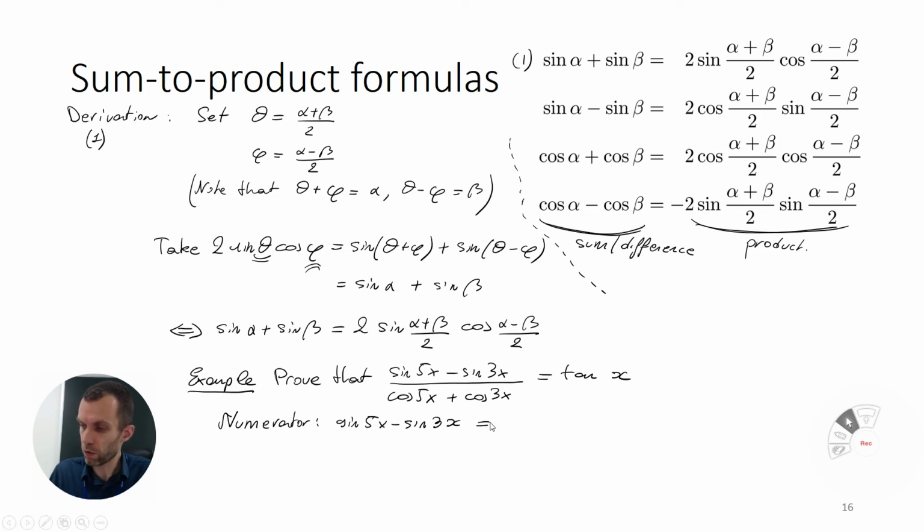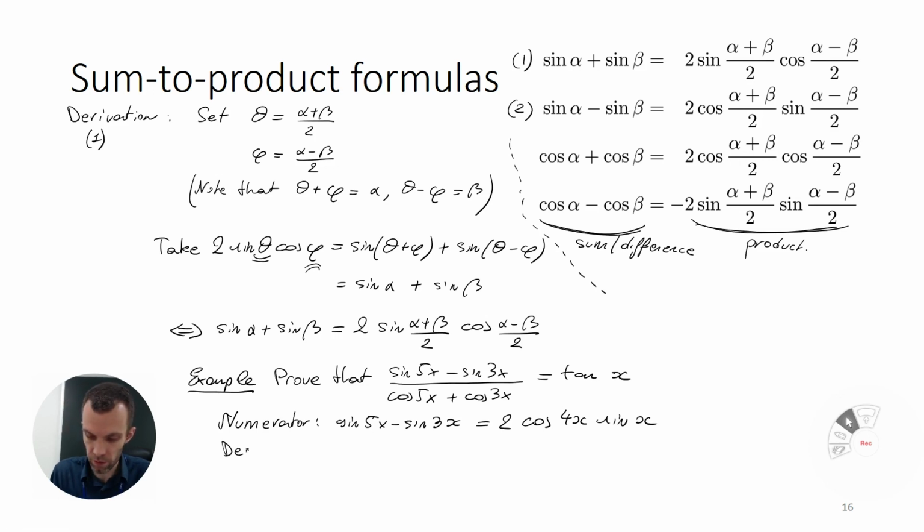For that, we can use our rule number 2 here. We get that this is 2 times the cosine of the sum of the two angles divided by 2. So 5 plus 3, that's 8, divided by 2, that's 4x. And then the sine of the difference, so 5x minus 3x, that's 2x, divided by 2, that's just x.